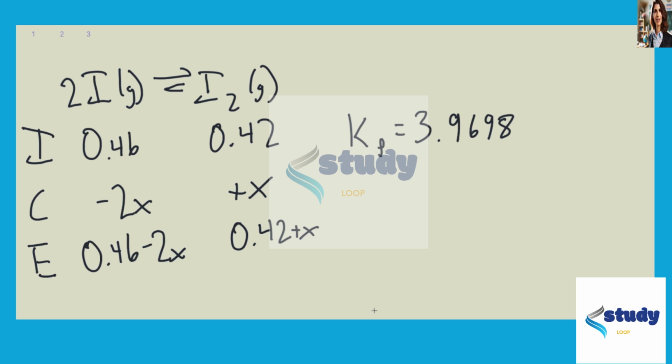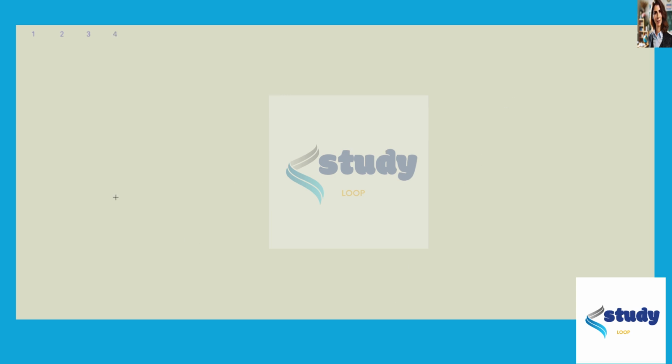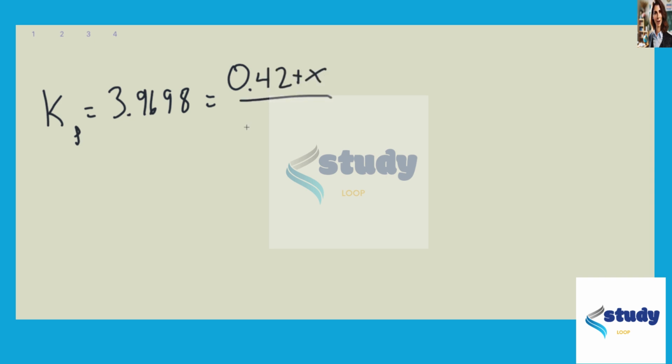And I'll go to a new page for this. So our Kp equals 3.9698, which equals the partial pressure of I2, 0.42 plus x, over the partial pressure of I, 0.46 minus 2x squared.